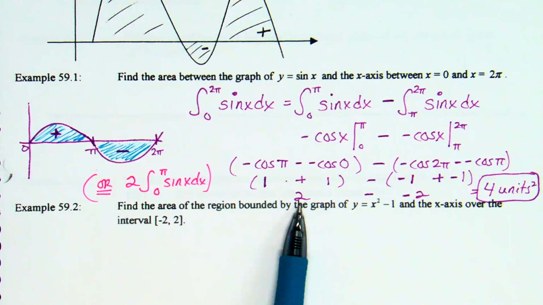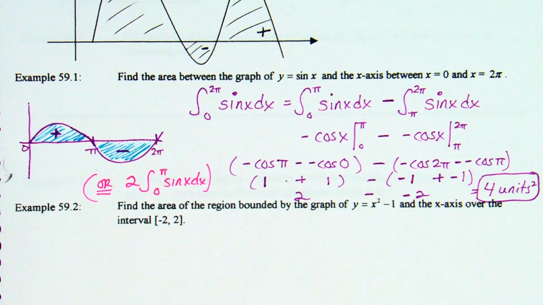We got 2. And so it would have just been doubling that and getting 4. Questions on that one? Okay.